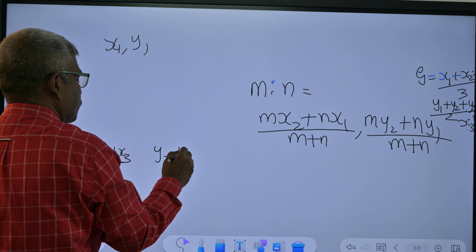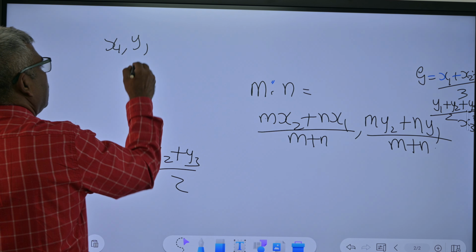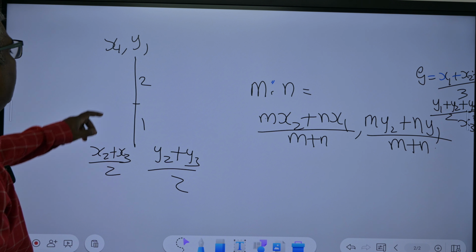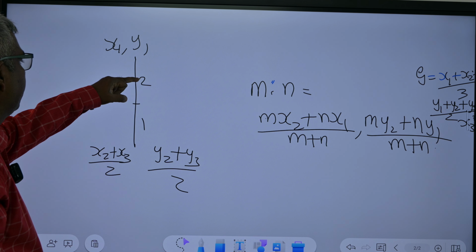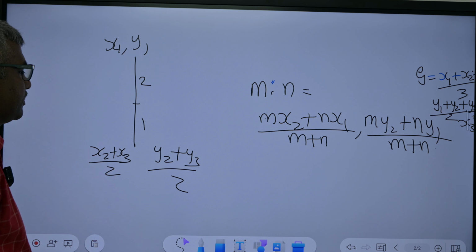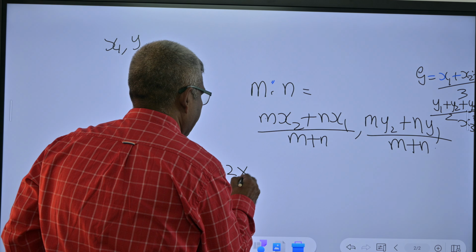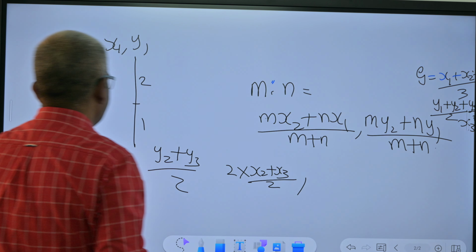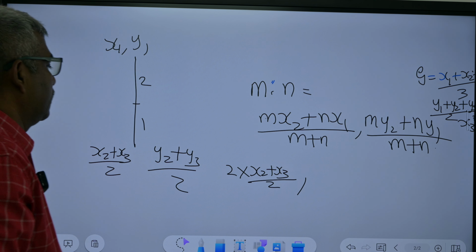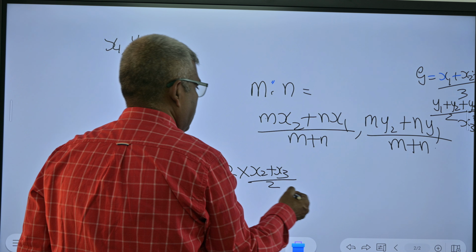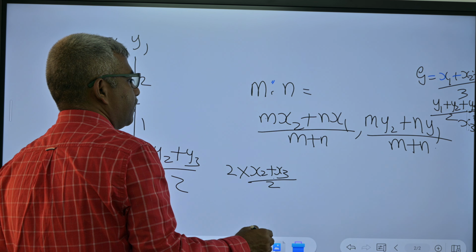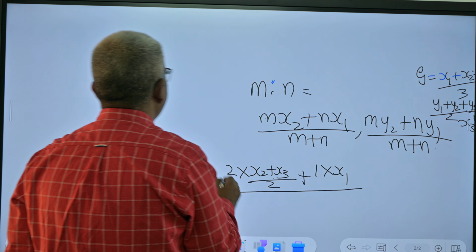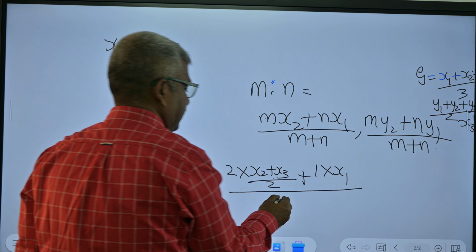So 2 times x2 plus x3 divided by 2, plus n x1, 1 times x1, divided by m plus n, 2 plus 1 is 3.